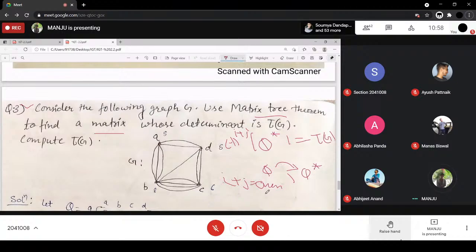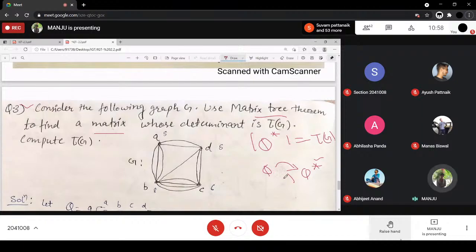Okay, got it? So i plus j will be even, then -1 raised to power even will be 1. Clear? So that matrix Q star you need to find.